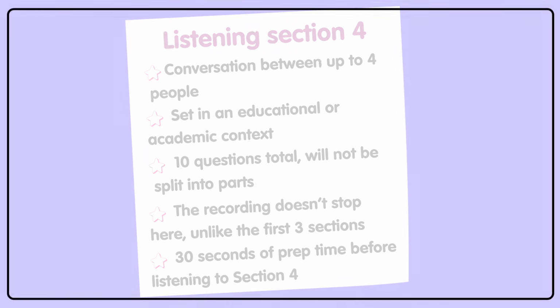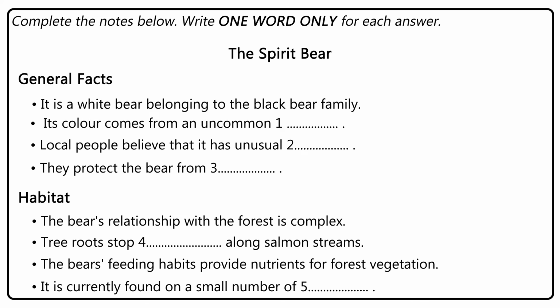So let's just start with reading the questions first, because in section 4, almost always the questions you have to fill in the blanks, so you have time and you should guess, you should predict the answers here. And read the question carefully, because you should know if you are going to write 1 word only, or 2 or 3 words.